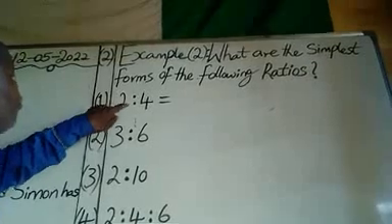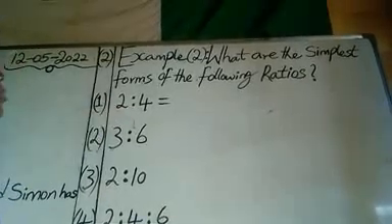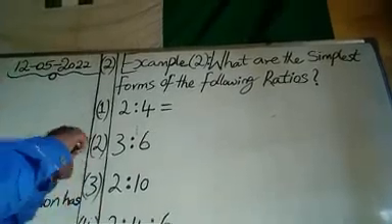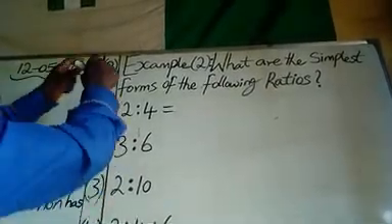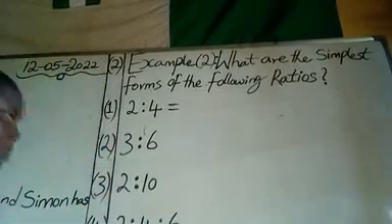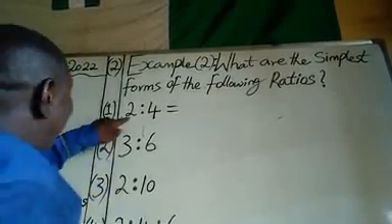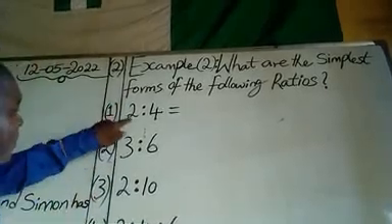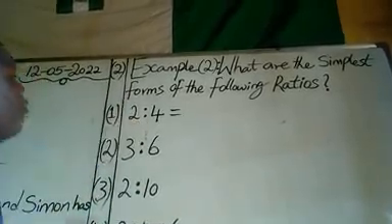I have 2:4. What is the simplest form of this ratio?